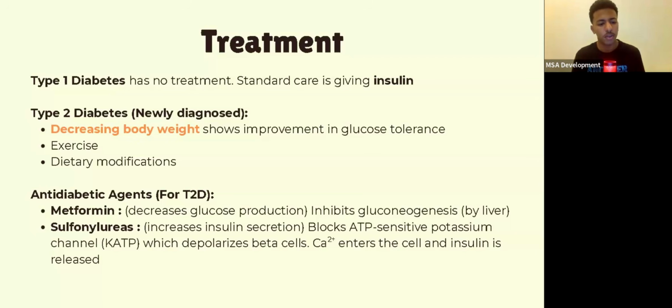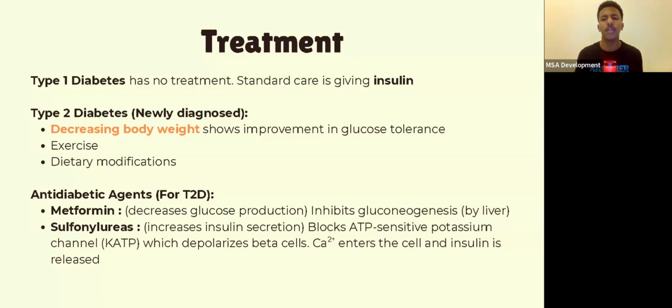And the other one is sulfonylureas, and they work in a different way. The end result they reach is increasing insulin secretion. And they do that by blocking the ATP-sensitive potassium channel, also known as KATP. And then this results in depolarization of the beta cells.